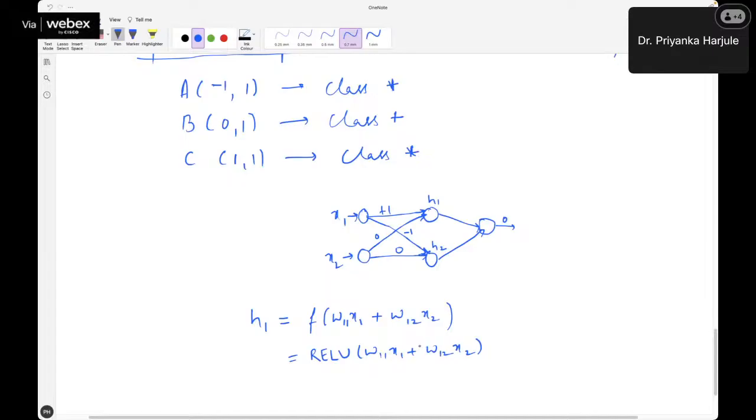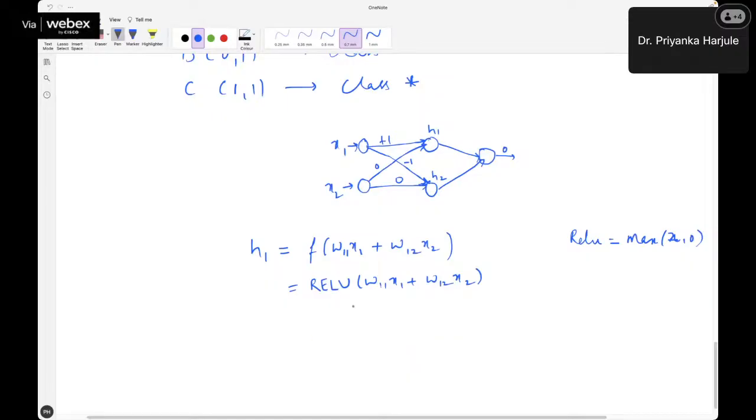Basically, ReLU is the maximum of x and 0. If you consider this, then your initially not linearly separable points become linearly separable.